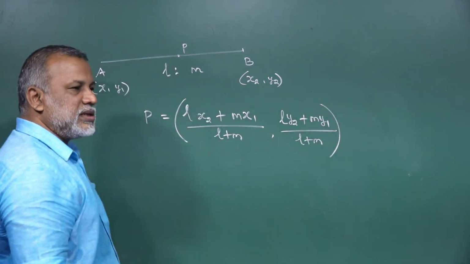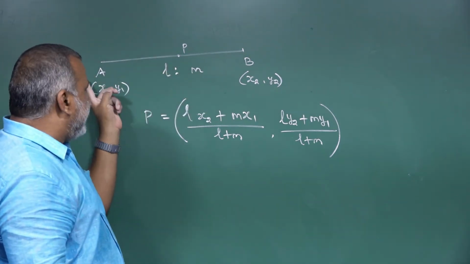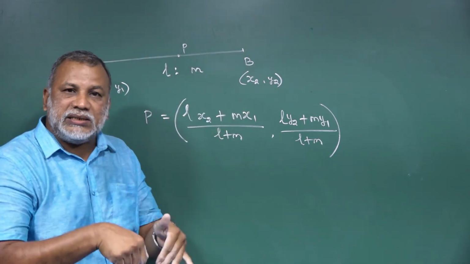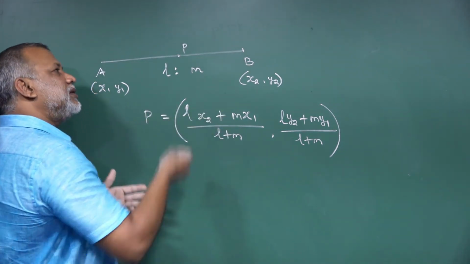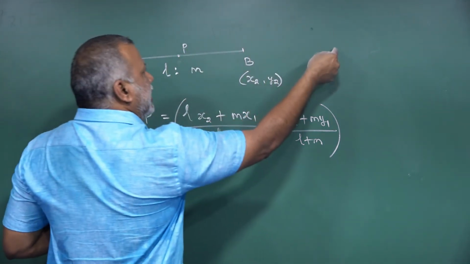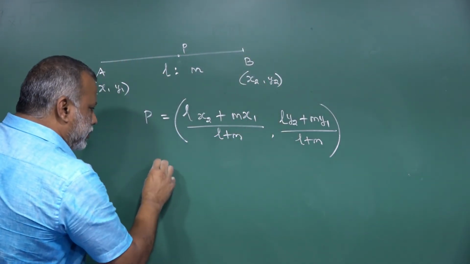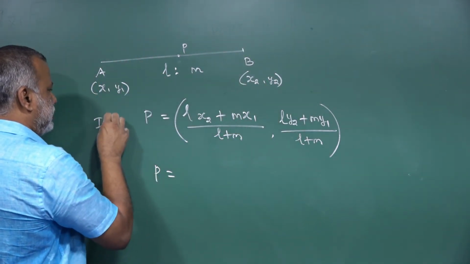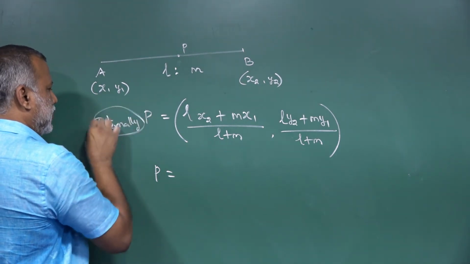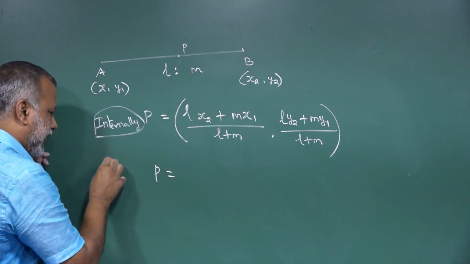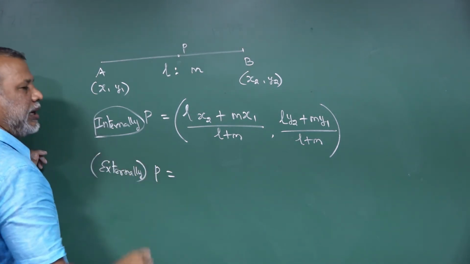You already discussed this in your lower classes. P is a point which divides the line segment AB internally in the ratio. Then suppose the point P divides the line segment externally. It should be on the outside. Already we know this is internally. Suppose the point lies externally.